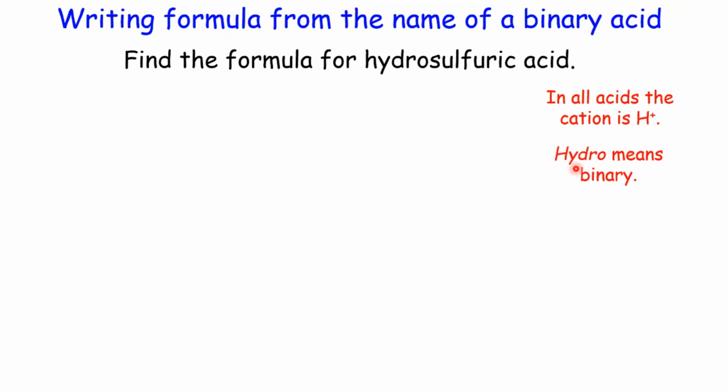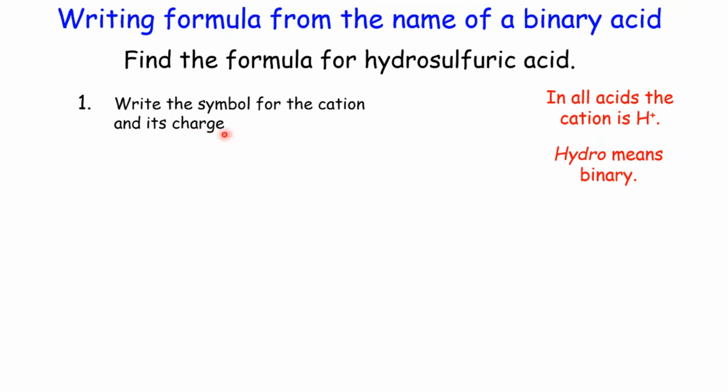And if you see the prefix hydro, it means binary. It means those acids do not contain polyatomic ions.